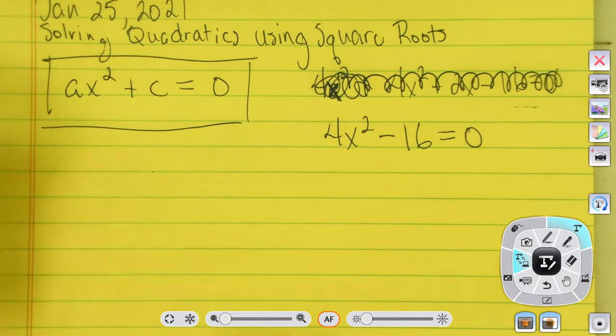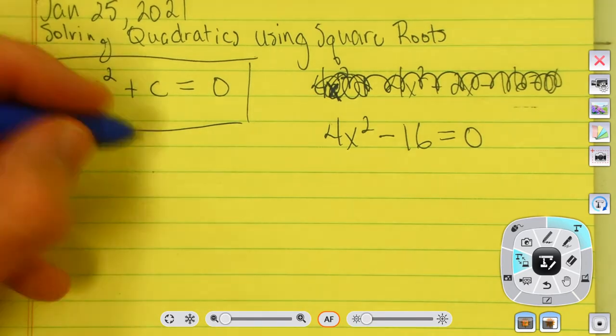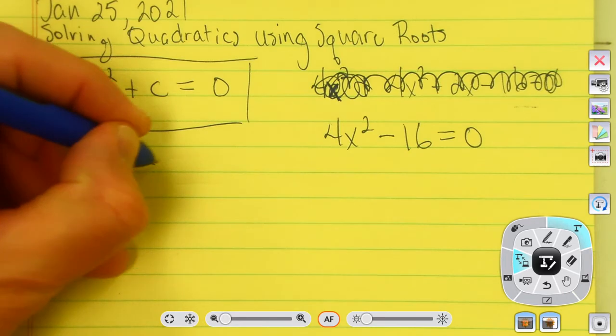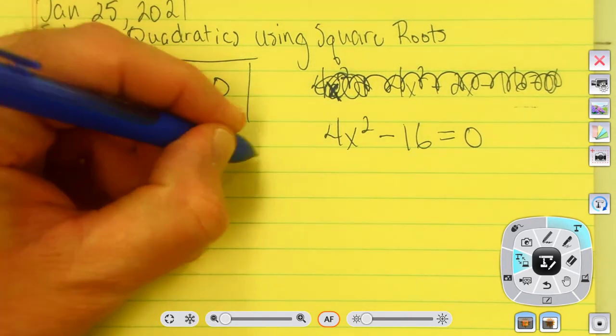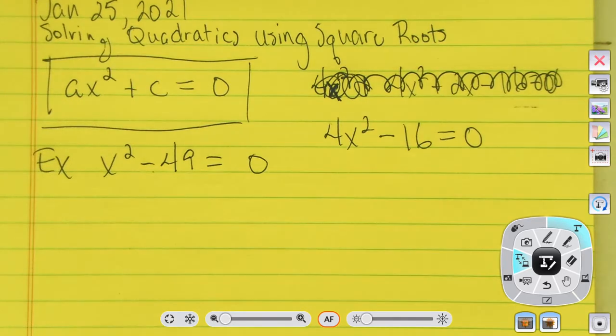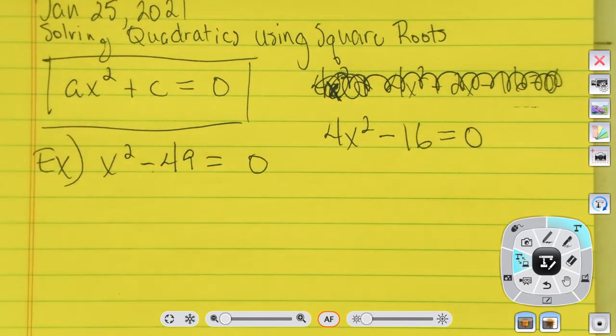Here's our example. X squared minus 49 equals 0. We're going to solve this quadratic using square roots. And we'll show you how that looks and how that works.